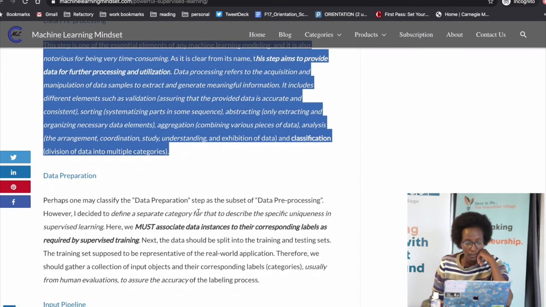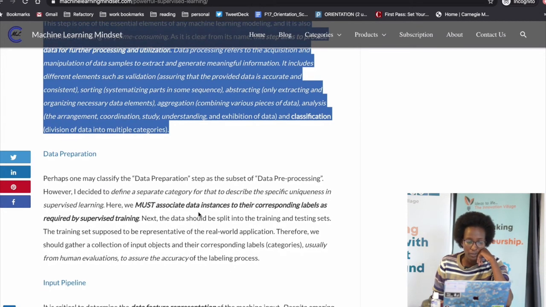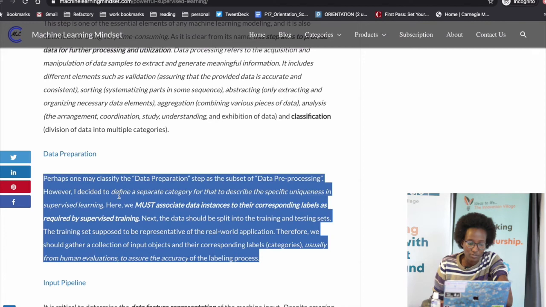So data preparation, perhaps one way is to classify the data preparation step as a subset of data pre-processing. I also don't know why, I think they're just trying to be very explicit, but this usually is just the same step. However, I decide to define a separate category for that to describe specific uniqueness in supervised learning.